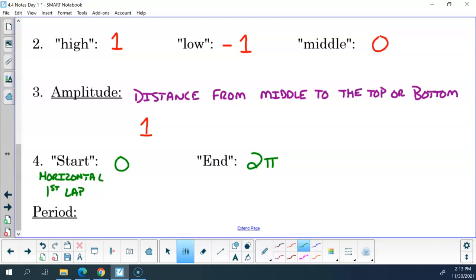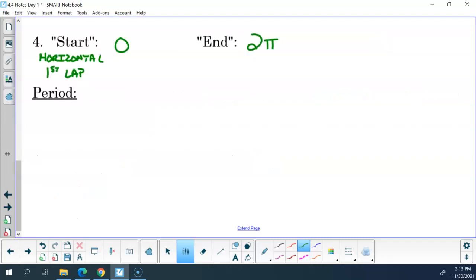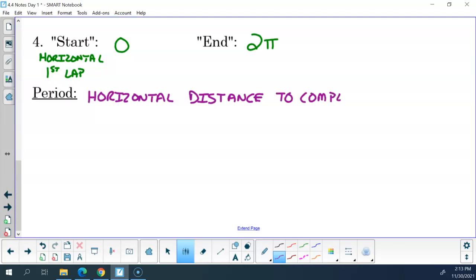Now the period of the function is the horizontal distance to complete one wave or one lap.